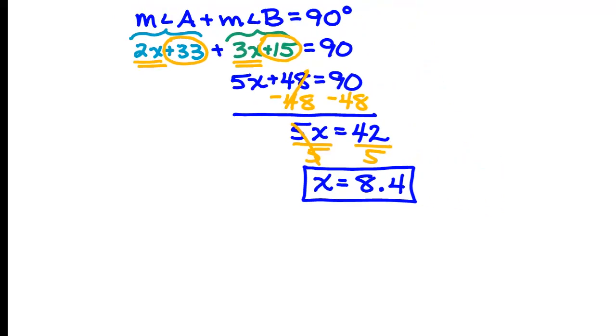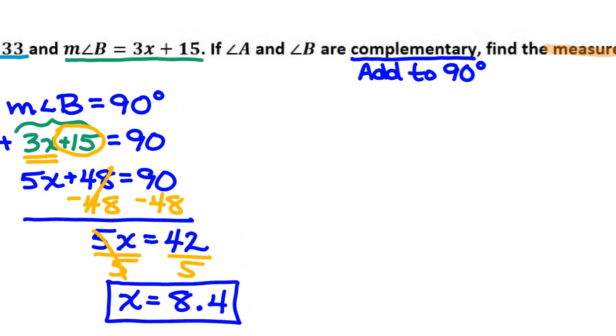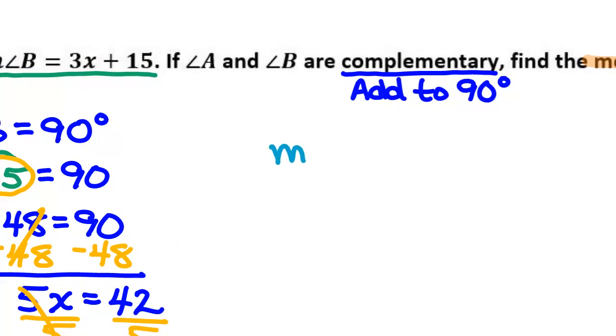What did the question say to do? Find the measure of both angles. So now what do we need to do with that x? Substitute. So the measure of angle A is equal to 2x plus 33.